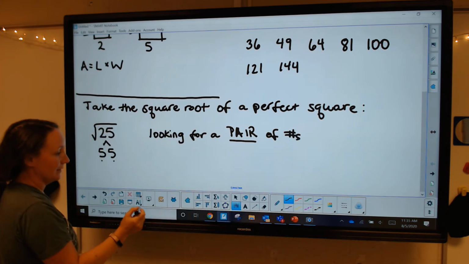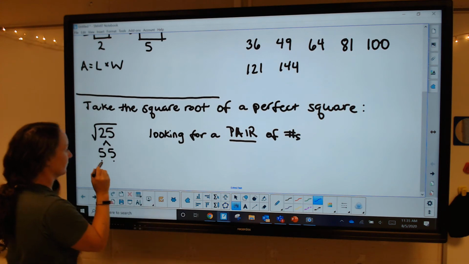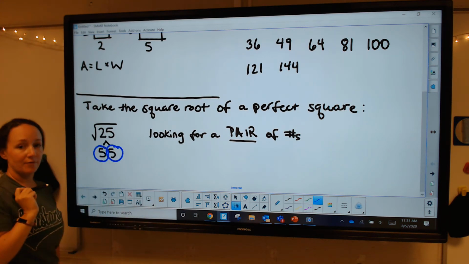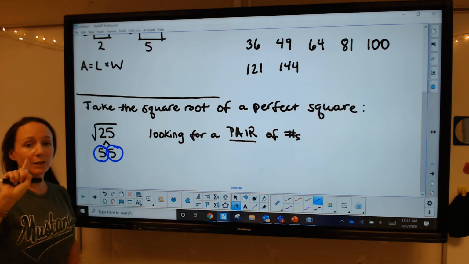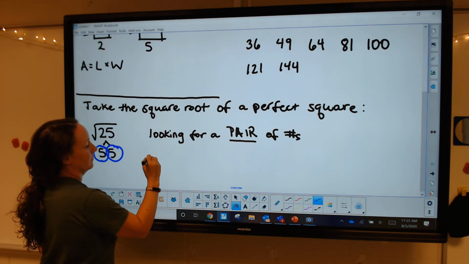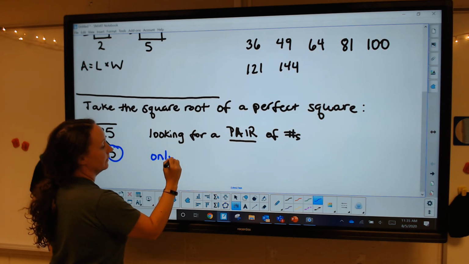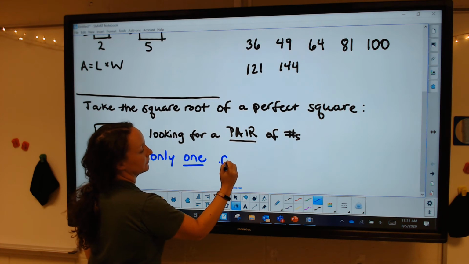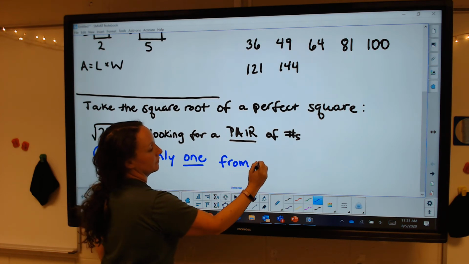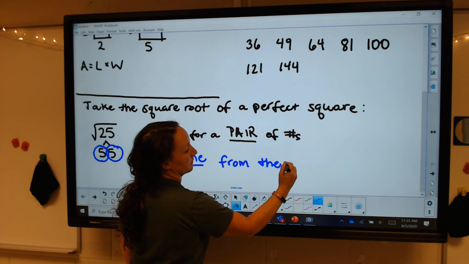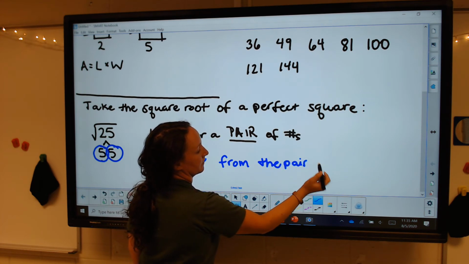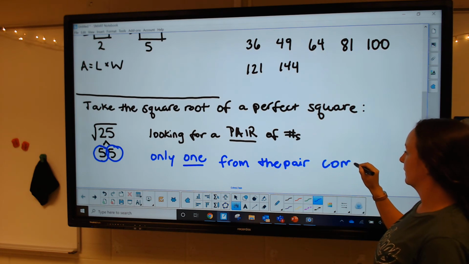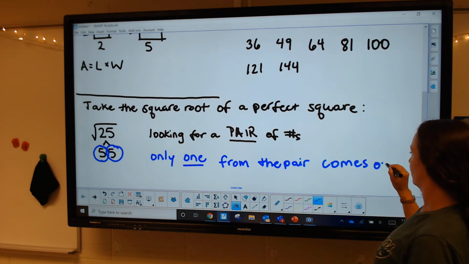In this instance, I have a 5 and a 5. Only one of them, only one from the pair comes out.